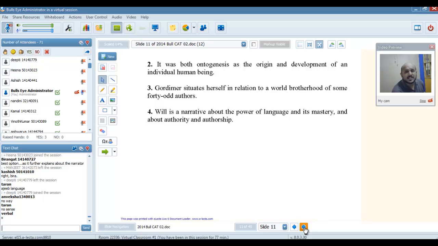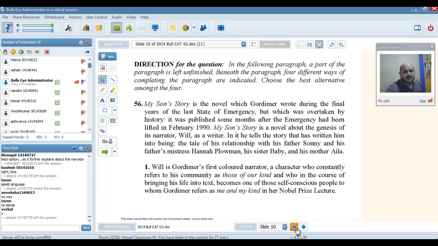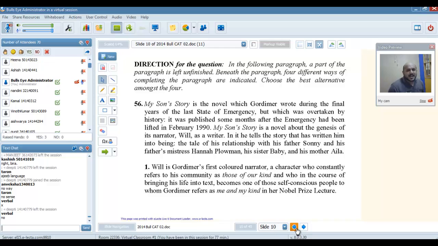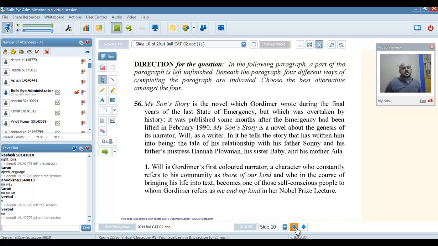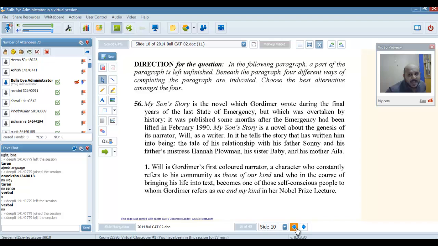Last, Will is a narrative about the power of language and its mastery, and about authority and authorship. Is Will that narrative? Will is not that narrative. Go back to the last slide here. What does it mean? It tells that Will tells his story. You need an answer option which talks about what Will does. Guys, a simple question.